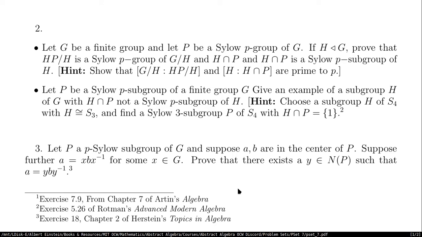You have to prove that there exists a y in the normalizer of P such that A is the conjugate of B by y. So if A is the conjugate of B in the big group, we want it to be a conjugate in the normalizer of P, and we're assuming that A and B are in the center.